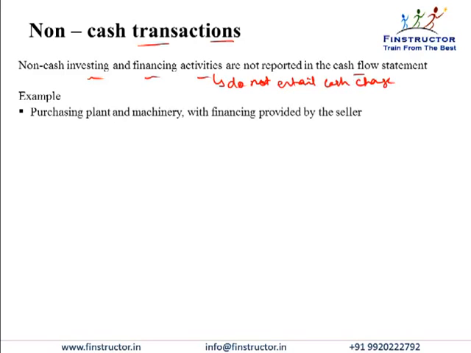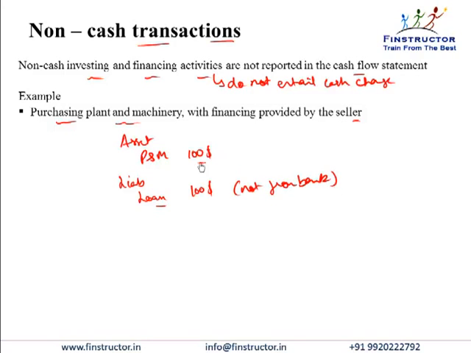For example, purchasing plant and machinery with financing provided directly by the seller. So I purchased an asset worth $100, but I never paid for this asset. I was simultaneously given a loan by the seller of this plant and machinery to the extent of $100. Please note, this loan is not from a bank or from an external source.